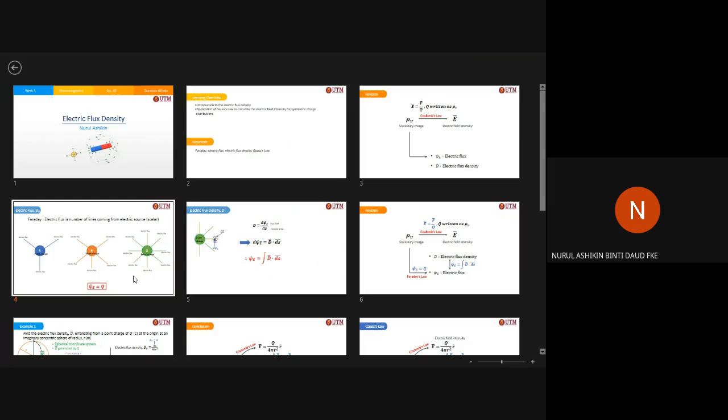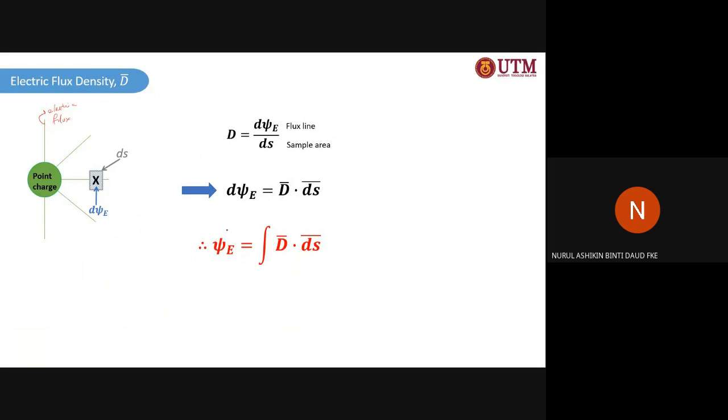We know that this sample area depends on the position of this electric flux density. If the flux density is moved to this particular area, the sample area will be moved to this area as well. So this sample area has a direction.